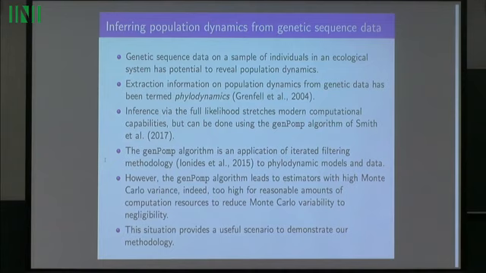And this challenge of extracting that information is called phylodynamics. And people have tried to do that in various ways by, say, estimating phylogenies and comparing the phylogenies with what they think is going on in the dynamics.